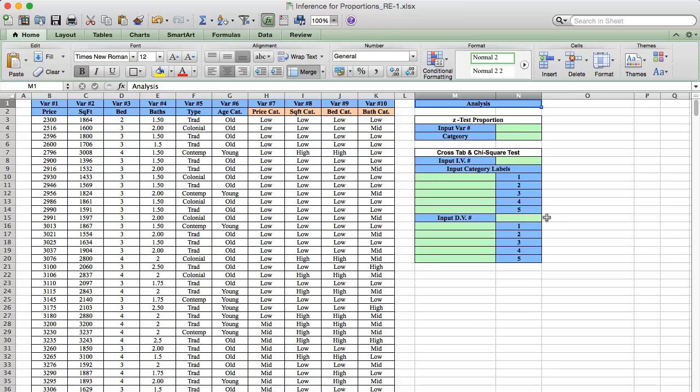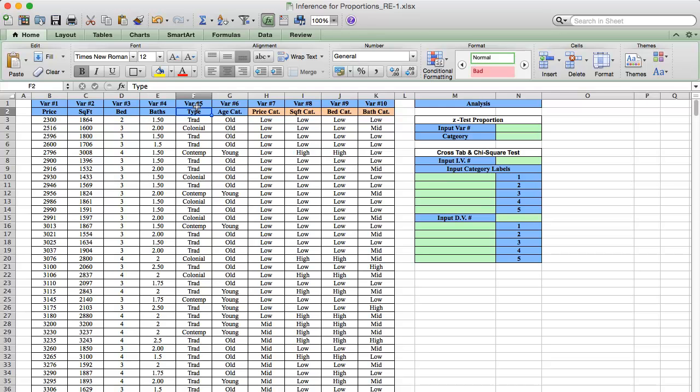Now we're also making some assumptions about proportions. The case instructions explain that we're interested in this neighborhood because it is believed to have at least 50%, the assumed value of 50%, contemporary style homes. Now this can't be a one sample t-test for the mean because type is categorical.